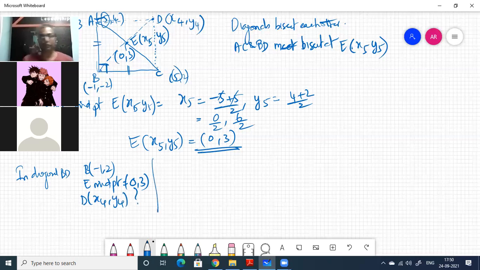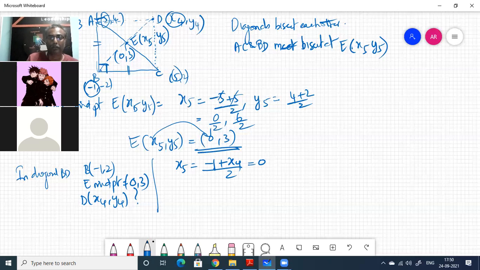What you have to do? Midpoint x5 is equal to, for BD, -1 plus x4 by 2. What is x5? x5 is equal to 0.